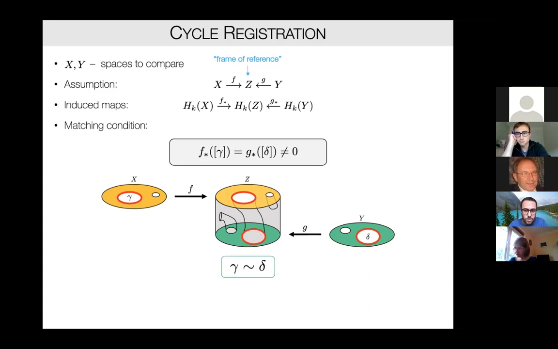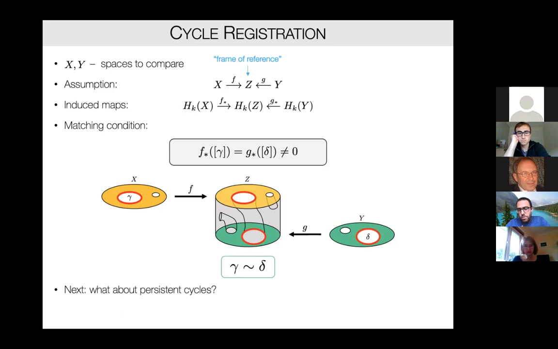Of course, this equivalence depends on Z. So for different spaces Z, different cycles might match. So this is the fundamental idea: just look at the mappings and look at things that are homologous under this mapping. And this is where it ends more or less for homology.